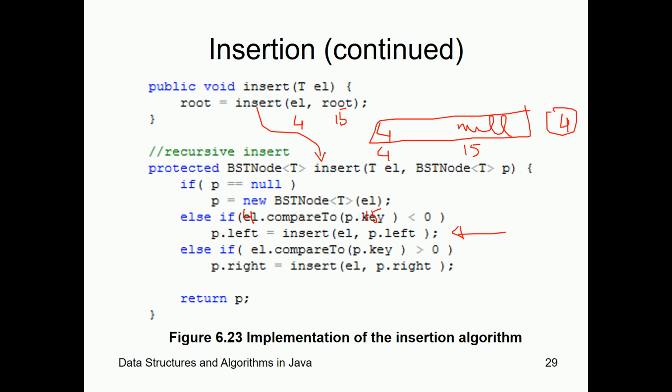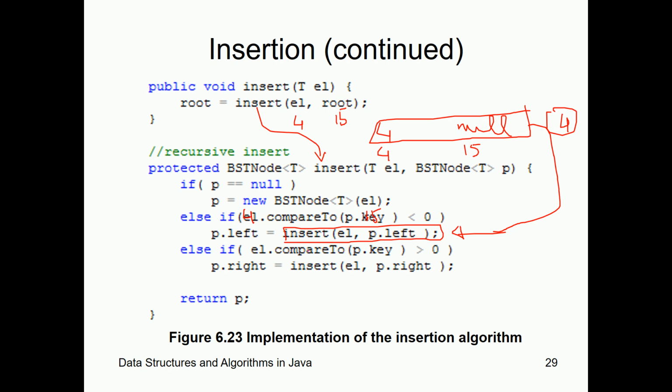What am I doing with this new node with 4? Well, because this was called from here, now this insert is going to be returning the value that was returned before. So this is going to be this new node 4 that is going to be put to the left of this P. Which P? The 15.